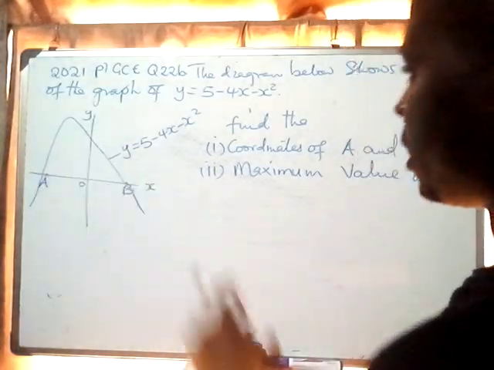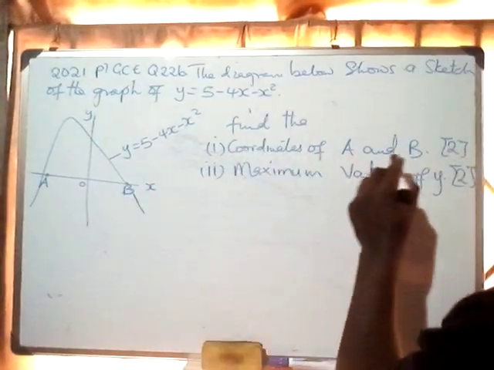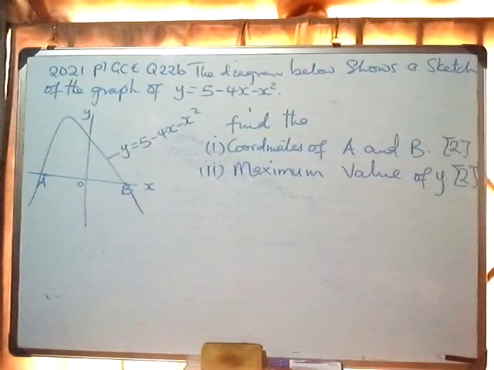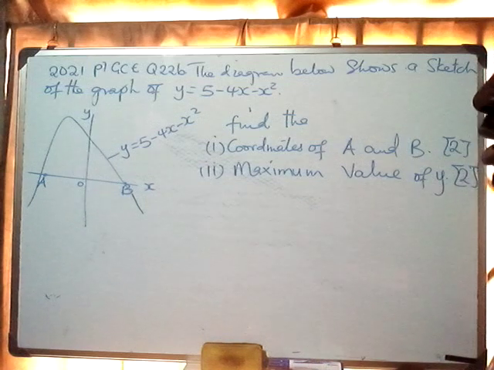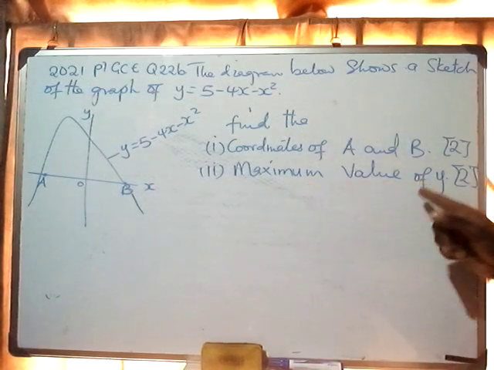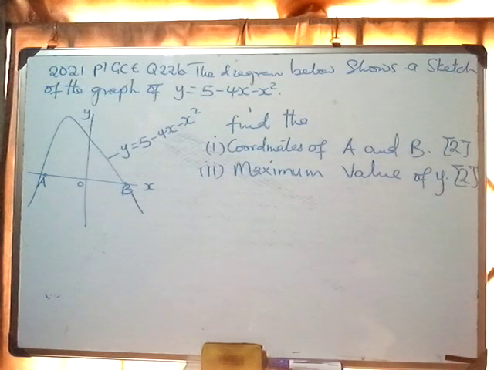This is the graph there. Find the coordinates of A and B, not the values, the coordinates of A and B, where you are going to use the quadratic equation. Then you find the maximum value of y. We will later on find the maximum value of y.